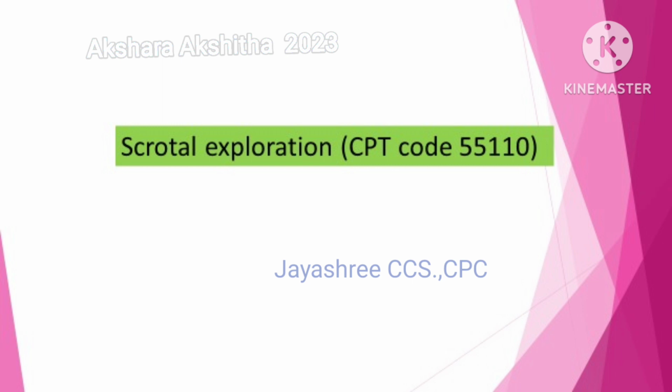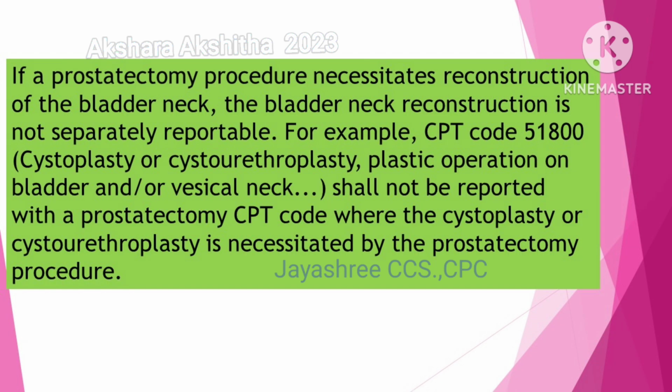The last point is if the prostatectomy procedure is performed along with bladder neck reconstruction, if it is necessary and they are doing it along with the prostatectomy, then bladder neck reconstruction shall not be reported separately. For example, CPT code 51800, that is cystoplasty or cystourethroplasty, plastic operation bladder or vesical neck, shall not be reported with the prostatectomy CPT codes.